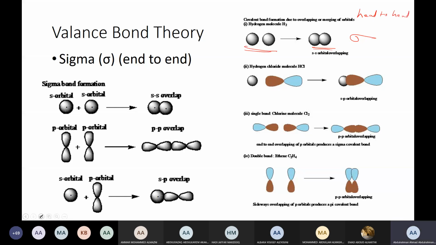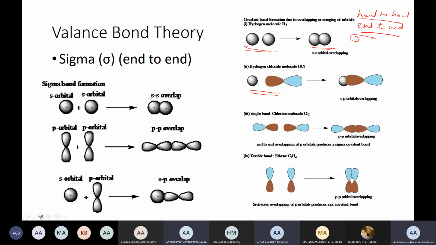One of the questions I can ask you is why or when we consider a sigma bond, and you should tell me whenever we have end to end or head to head. In multiple choice, I can put either end to end or head to head, and you should be able to know whether the bond is sigma or pi.